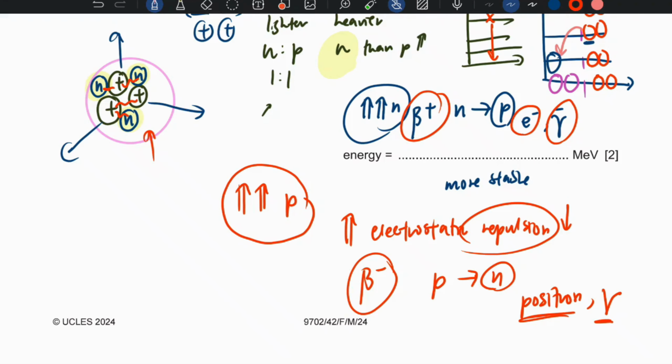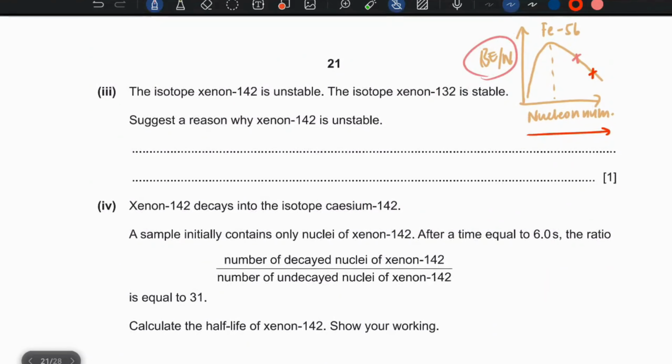Okay, so now after all this, how does it relate to the question that we want to do? Xenon 142 here has 88 neutrons and 54 protons, whereas xenon 132 here has 78 neutrons and 54 protons. The number of protons is the same because they're isotopes.